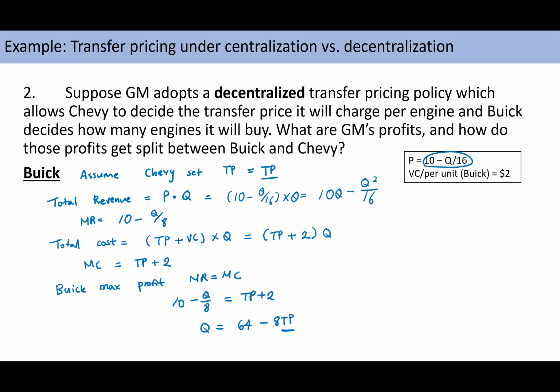Again, we're trying to find what the transfer price would look like if Chevy is setting it, but because we do not know that, we're first going to find what Buick would do when a certain transfer price is given. We're going to use this number to figure out what transfer price Chevy will set.